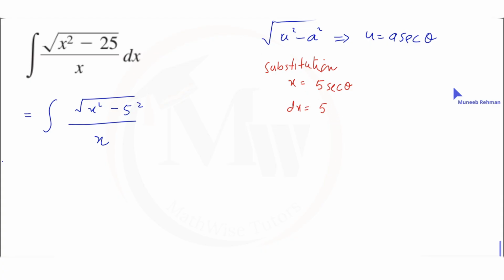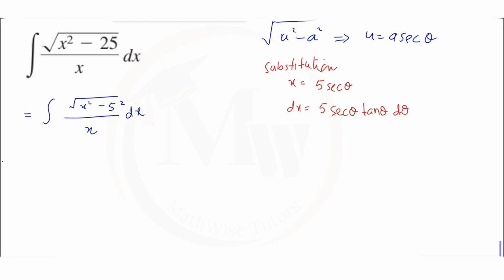Secant theta tan theta, and d theta. So let's plug the value and simplify this, because this substitution actually helps us to remove the square root. When you substitute these values and simplify, you'll notice that there will be no square root left anymore, just like in the previous question.